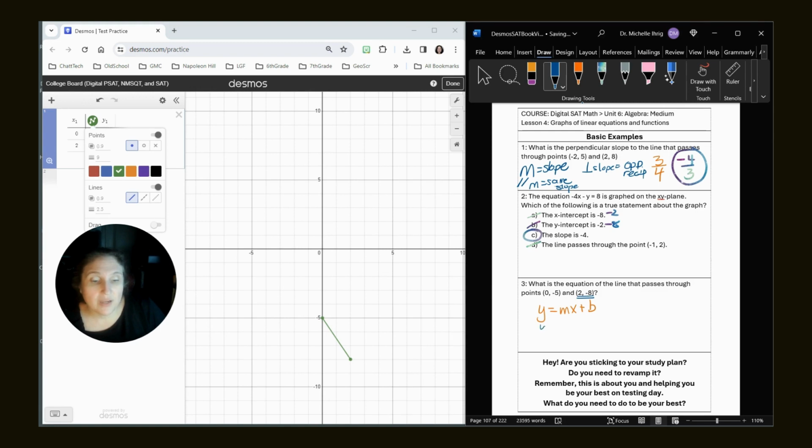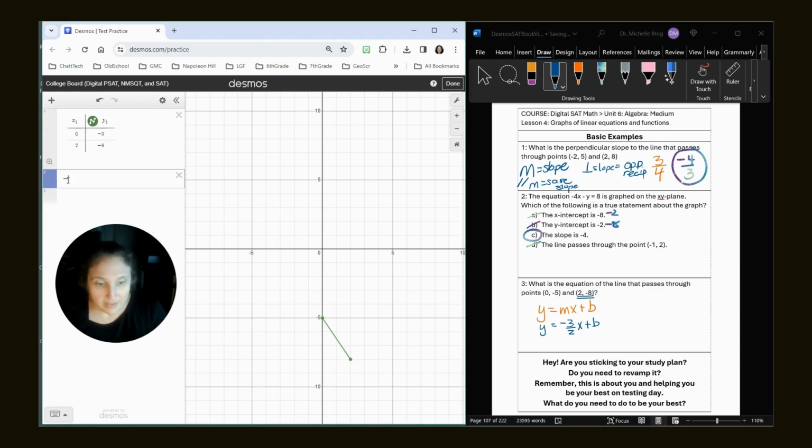So we've got y equals, our slope is down 3 over 2, so -3/2 times x plus b. What we're going to do is substitute in to find out what the b value is. First I tell kids to just write the equation. Y equals -3/2 x plus b.